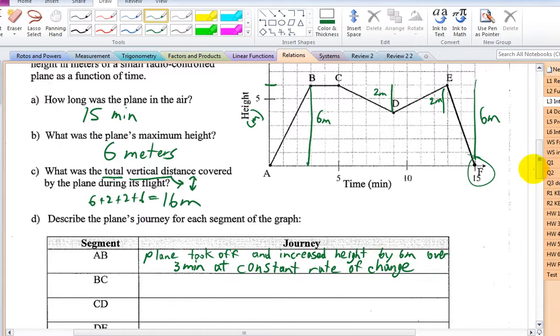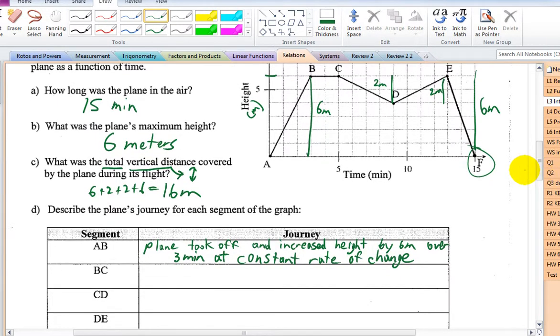Okay. B to C, what happened? There it is. It's flat, so no rate of change. And that's because there's no change in height for 2 minutes. Okay? So there's no rate of change, no change in height for 2 minutes. What about C to D? What happened?